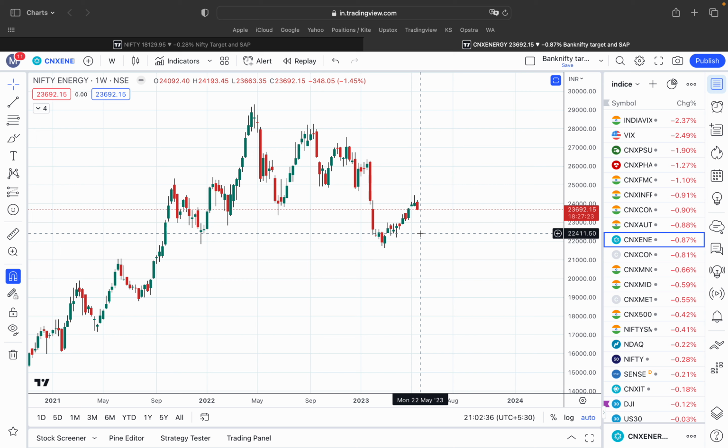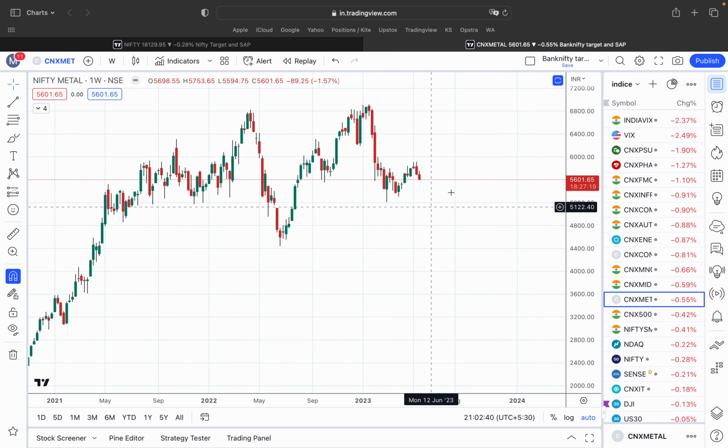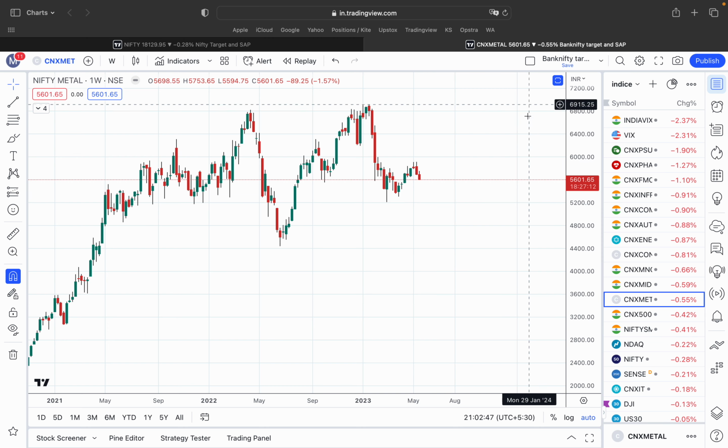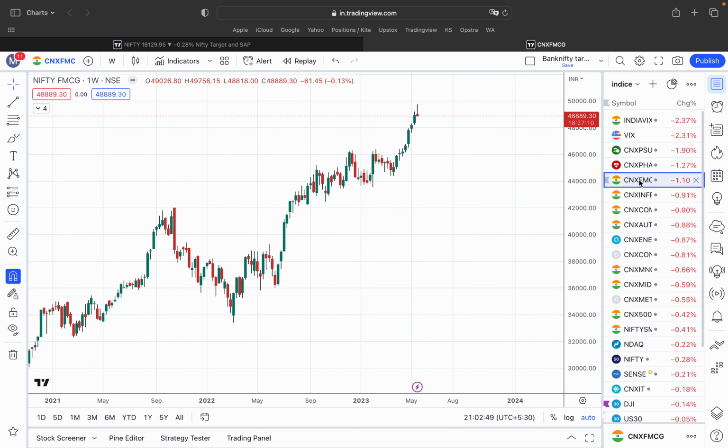One more sector is the metal sector, which looks weak. All these sectors are looking weaker, and FMCG. FMCG looks like it is forming a shooting star on the weekly time frame. So we may see some sector rotation wise correction in the FMCG sector.